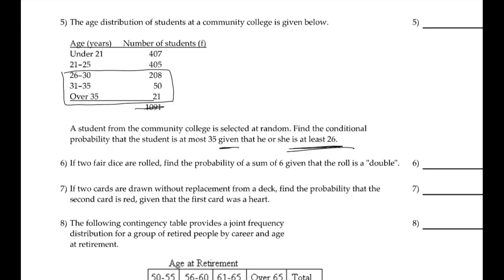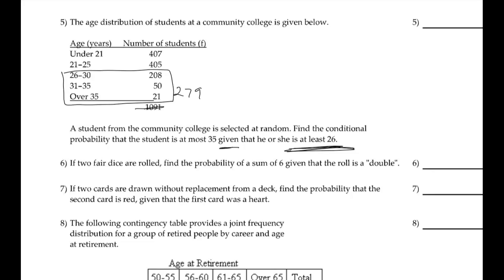I am going to limit myself to the 208 plus the 50 plus the 21, to these 279 people. I am only looking at these 279. That's what a condition does. It gets rid of the whole sample space and lets me focus on just a small portion of it.